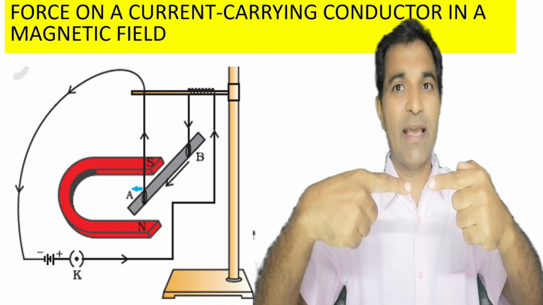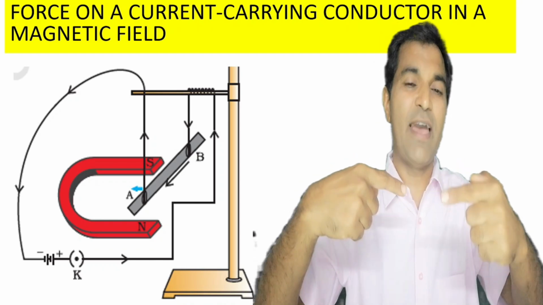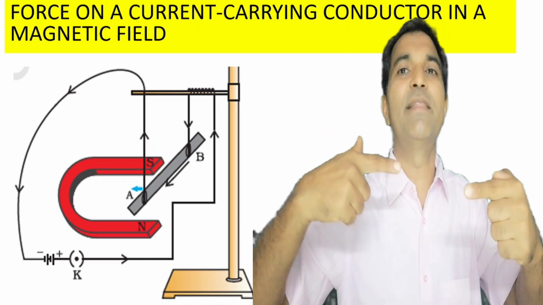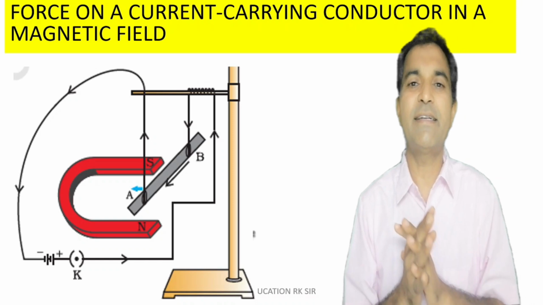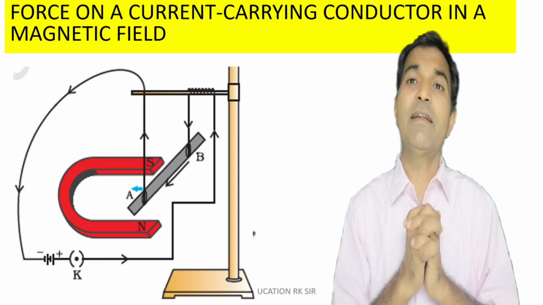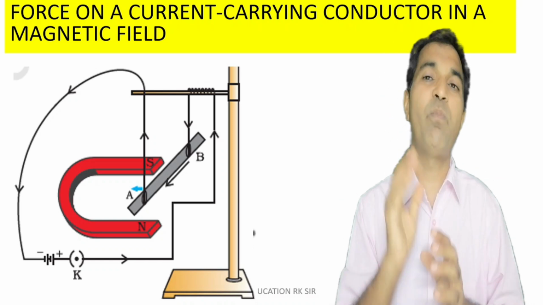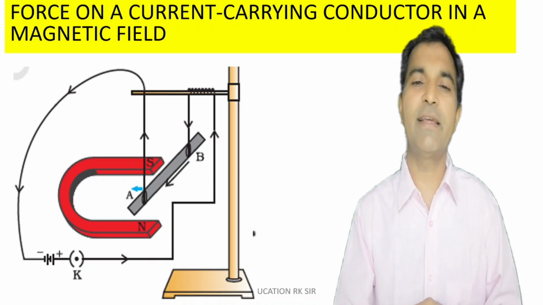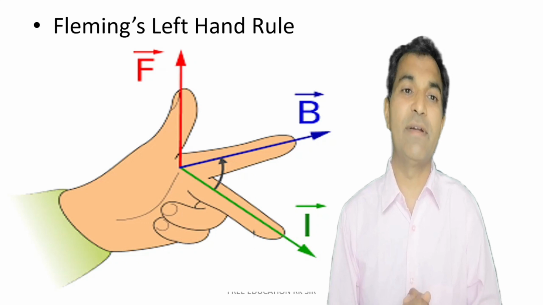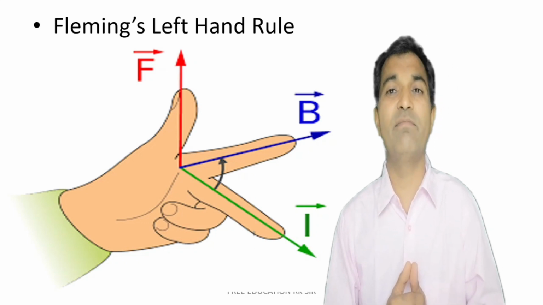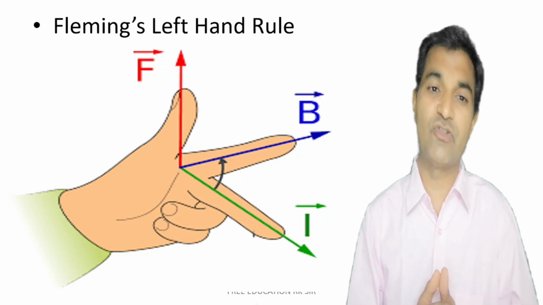If N and N, or S and S are there, there will be repulsion. If N and this becomes S, then there will be attraction. So the magnetic and electrical effects lead to a force on a current carrying conductor, and the direction of that force can be given by Fleming's left hand rule.